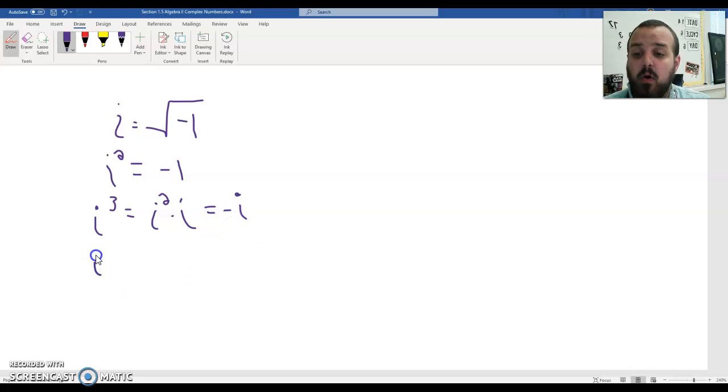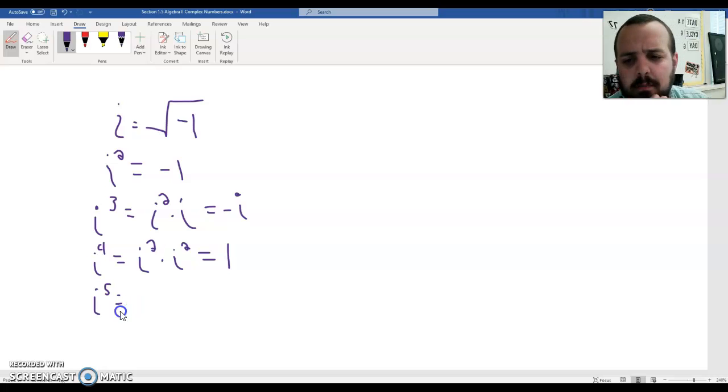If I have i to the 4th, I could rewrite that as i squared times i squared, which we know is -1 times -1, so that's going to equal 1. If I go to do i to the 5th, we're just going to keep listing these exponents, as far as we can. I to the 5th, what can I rewrite that as? Maybe i to the 4th times i.